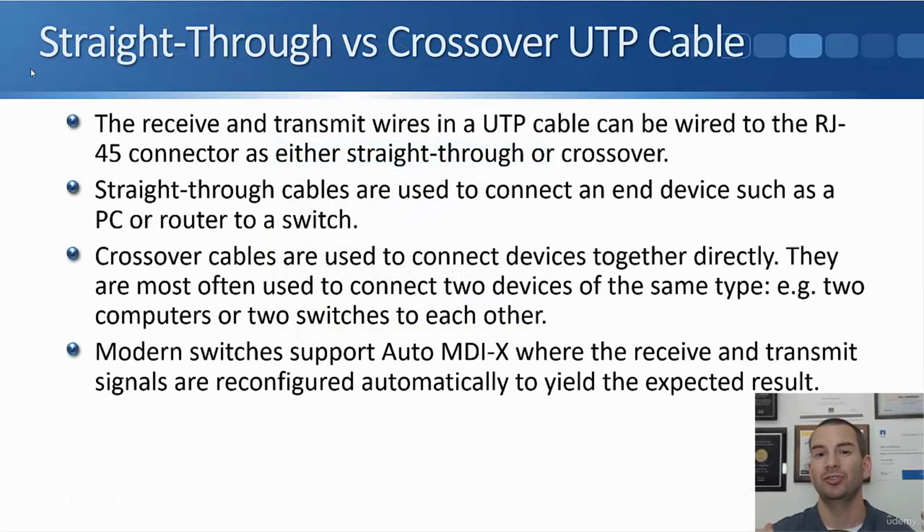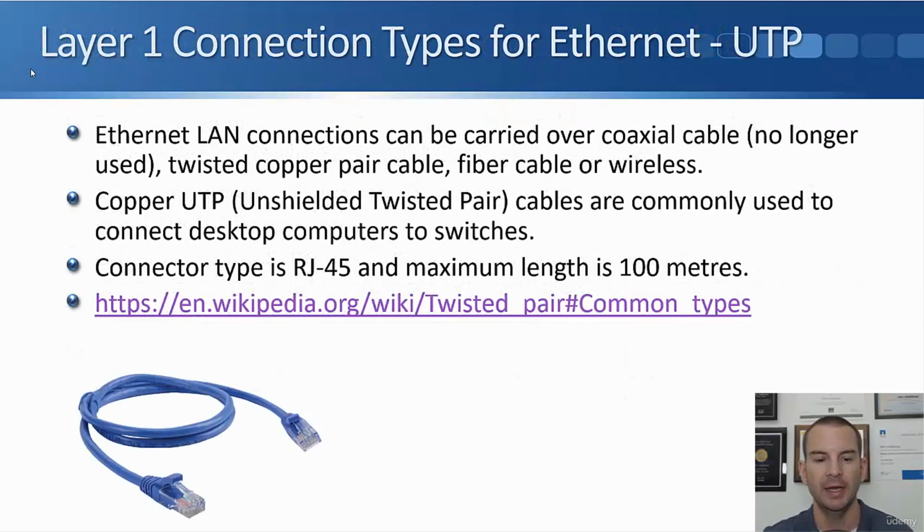And the next thing to tell you about is that the copper cables can be either straight through or crossover UTP cables. The receive and transmit wires can be wired to the RJ45 connector as either straight through or crossover. If I go back a slide, you see on the end of the cable there, that's the RJ45 connector, and there's individual receive and transmit wires in there.